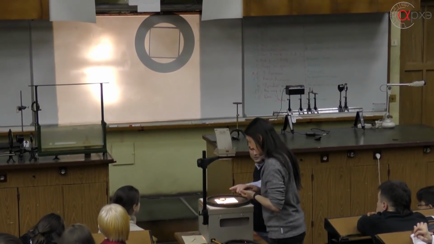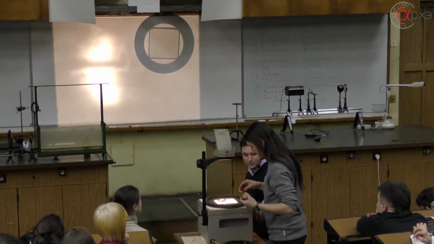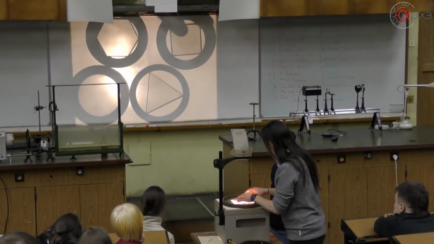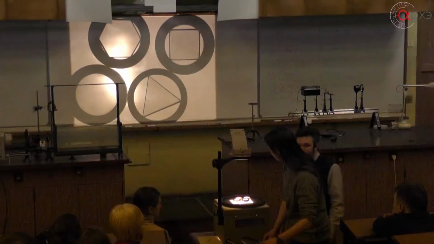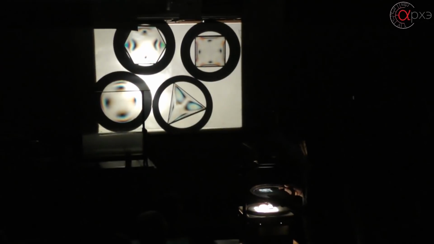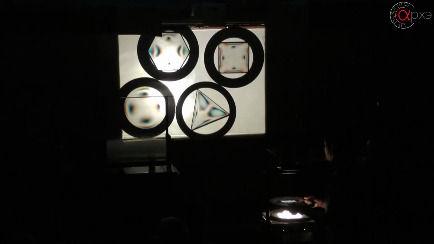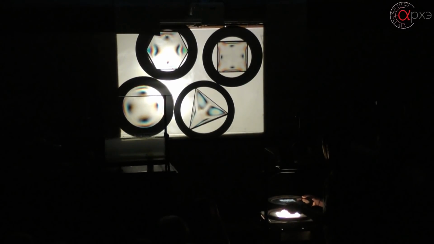Now, if we take the second one and allow this light to pass through these pieces of plastic, then cover it with the second glass, you see that these pieces of plastic behave in a very unusual way.